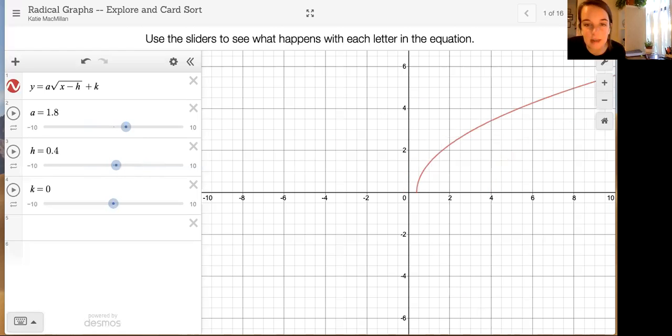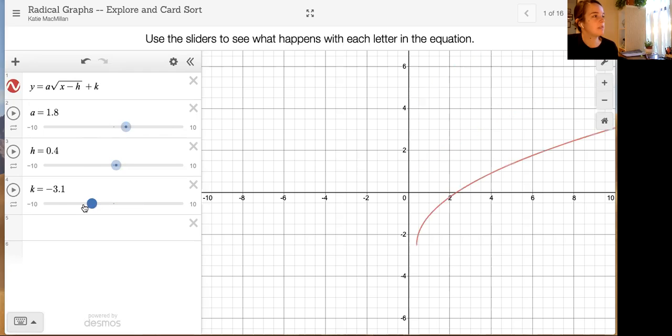And then Michelle, can you talk to us about what happens with K? Yeah, thank you, Michelle, in the chat. It moves up and down, right? So when we change K, it's moving up and down.